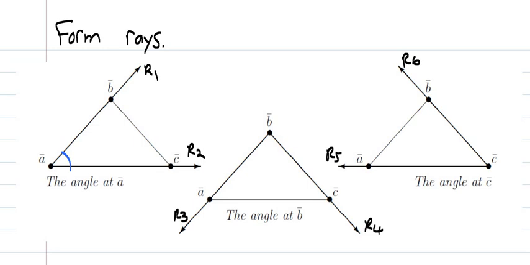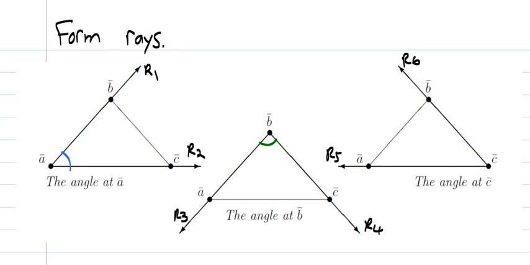If you want to talk about the angle at B, you form a ray R3, starting at B, passing through point A, and ray R4, starting at B, passing through point C. Then this green angle is the angle between ray R3 and R4, which is the angle at B. And if you want to talk about the angle at C, first construct two rays.